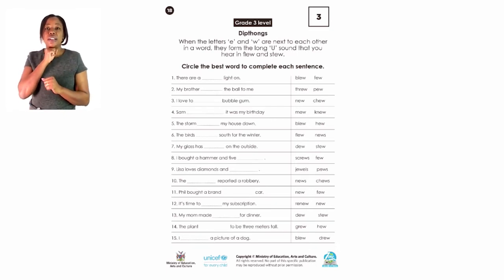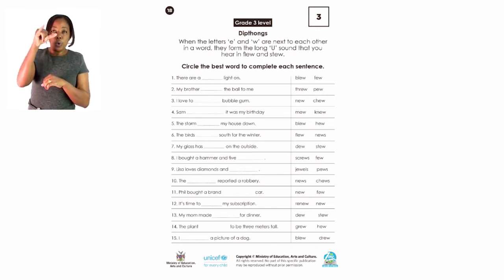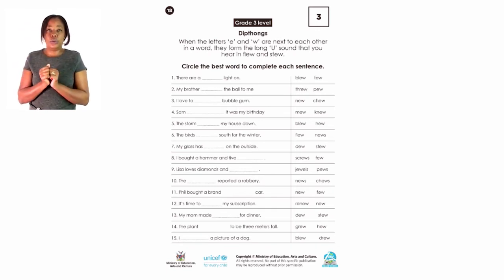Yesterday I flew. It's an e and a w at the end of the word flew. And we can also get that sound in a word stew. Stew. Like when you cook your nice meat and you put everything, that is the stew. It will give you a long oo sound.